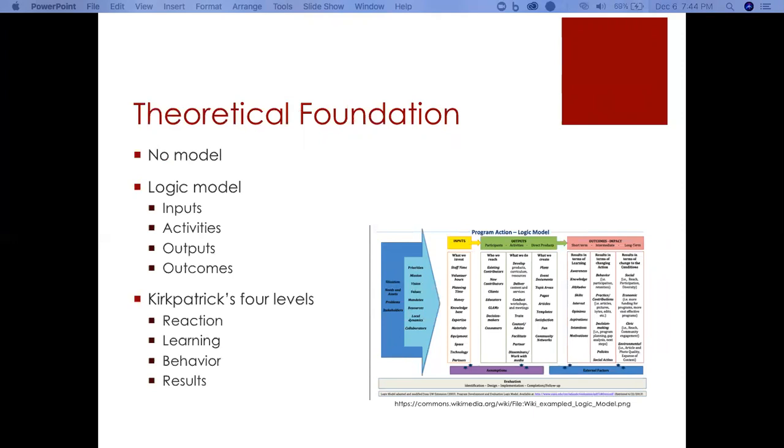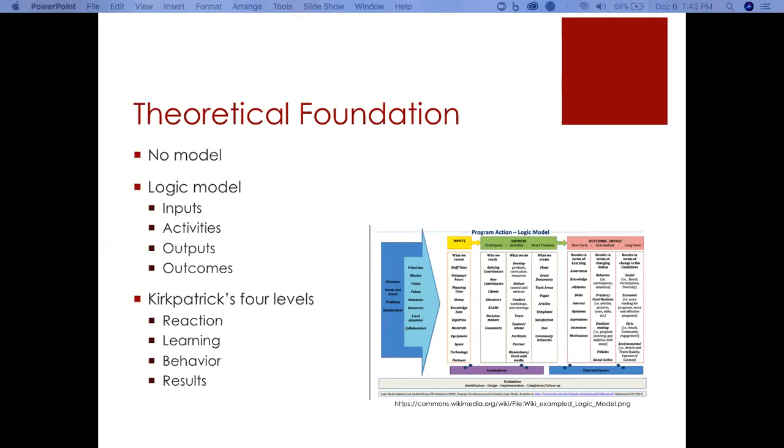And this model is particularly helpful if there is some deficiency in the outcome. It's easier to trace back to some input or activity that might have an effect. So there's a little bit of a cause and effect evaluation that can take place. So I was really surprised that there weren't more evaluation articles that employed this model, but there really weren't very many.